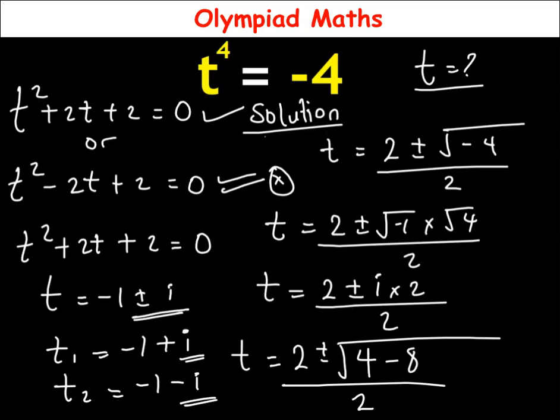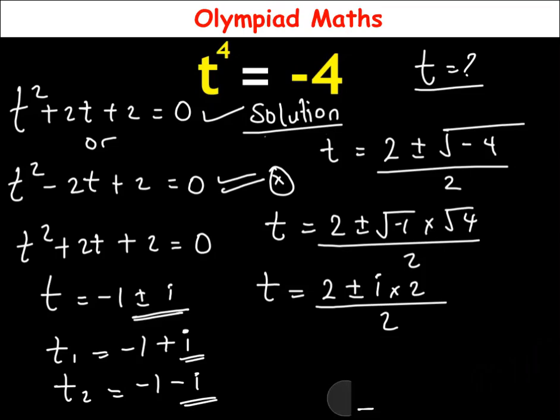From here, t is then equal to 2 divided by 2, you have 1, plus or minus i. 2 will also divide 2, you have 1, and 1 times i is i. So you have t is equal to 1 plus or minus i.